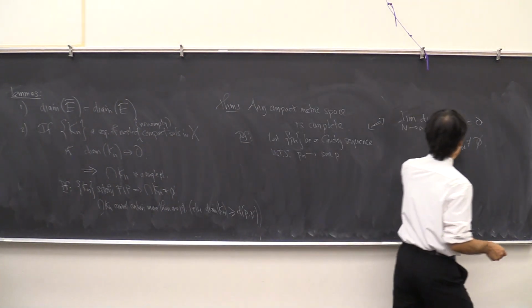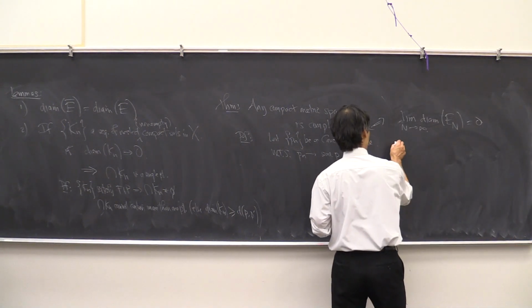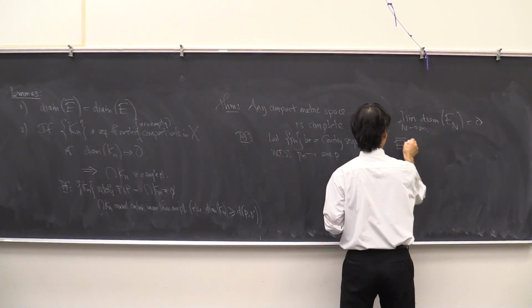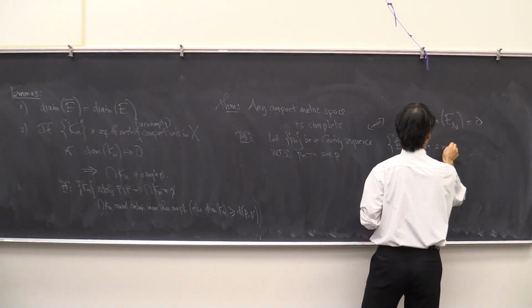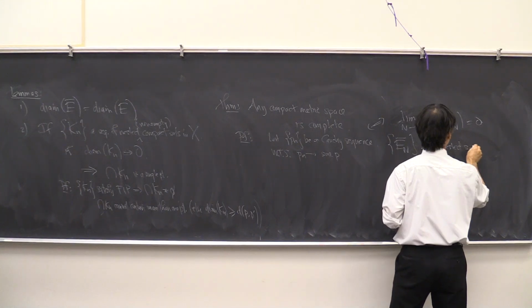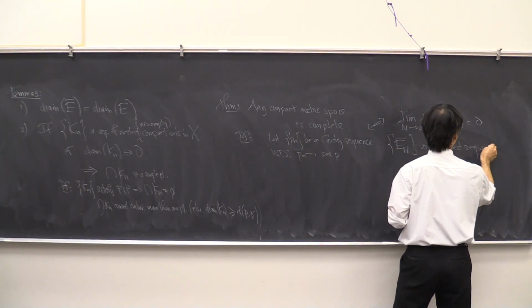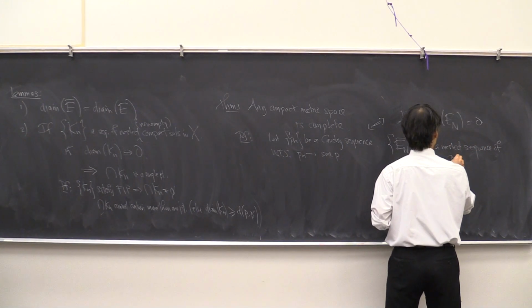Okay, so let me write that down. The closures of the tails are a nested sequence of non-empty compact sets.